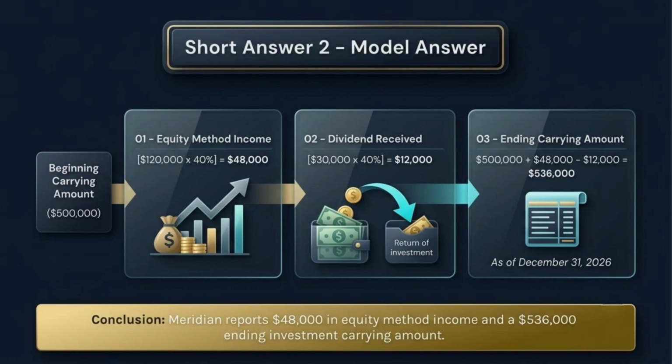Meridian reports $48,000 of equity method income and a $536,000 ending investment carrying amount. The dividend reduces the investment, it is not new income. That point is small, but it saves many answers.